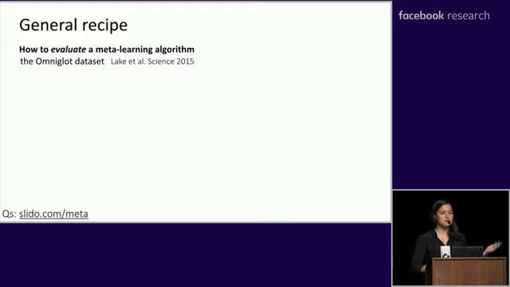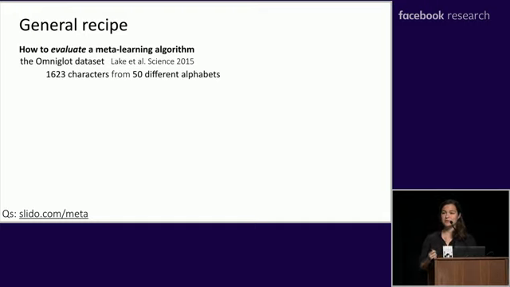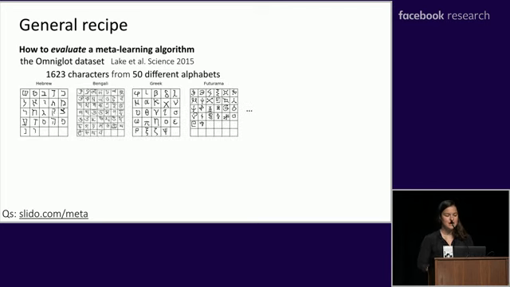Brendan introduced the Omniglot dataset, which is much simpler than the mini ImageNet dataset that Sergey was showing on the previous slides, but allows us to really study some of the basics of metalearning. The Omniglot dataset has 1,623 characters from 50 different alphabets that are handwritten, things like Hebrew, Bengali, Greek, Futurama, and for each character, there are 20 handwritten instances of that character.